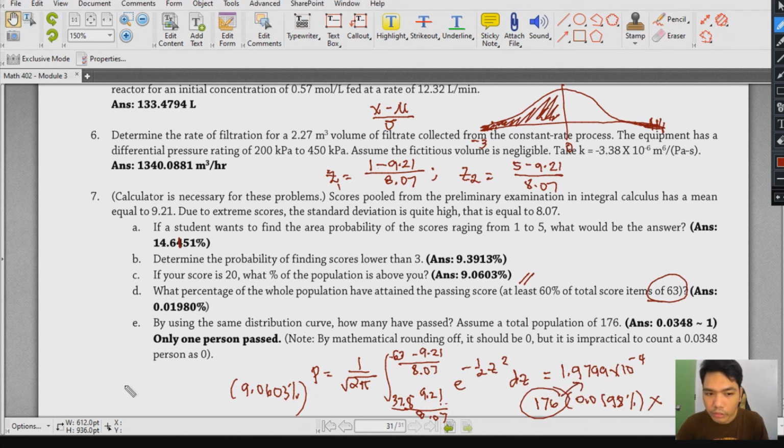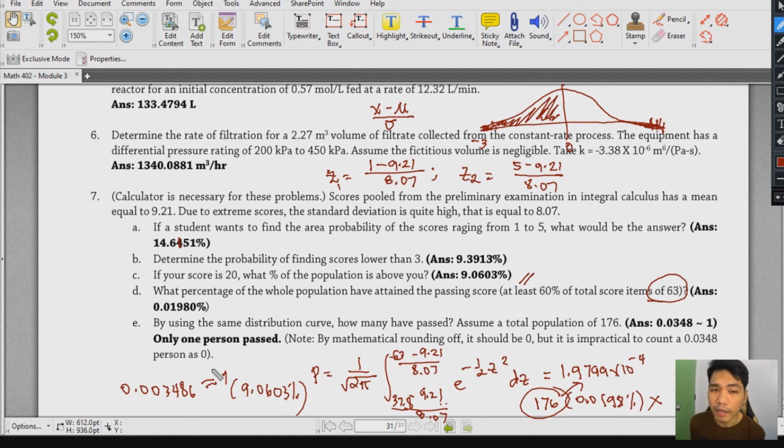So, the answer is 0.03486. So, this is approximately rounded up to 1. So, technically, dapat kasi diba 0, pero syempre, since hindi mo naman pwedeng round down ng isang person, that should be rounded up. So, technically, 1. And, in short, dun sa exam na yun, preliminary examination, parang isa lang yung pumasa doon. So, yun yung nangyari doon.